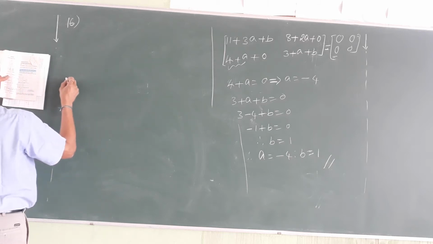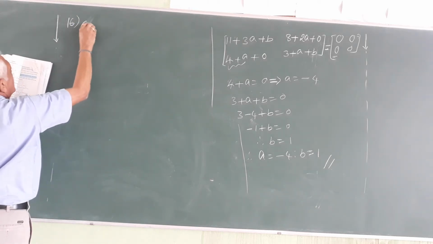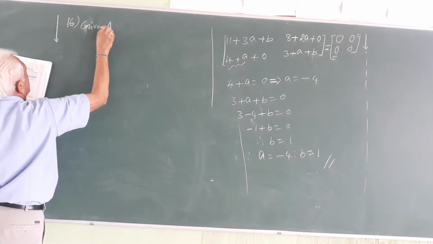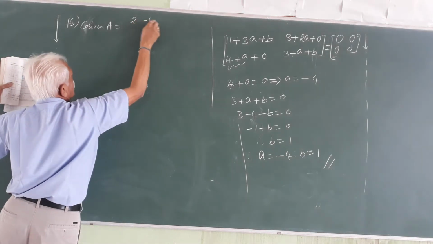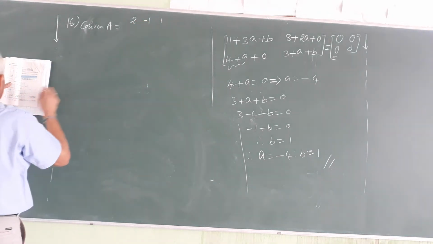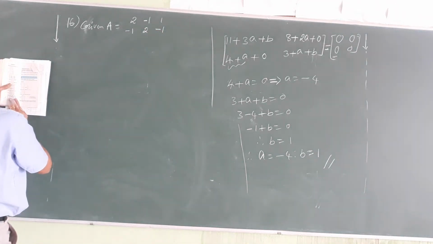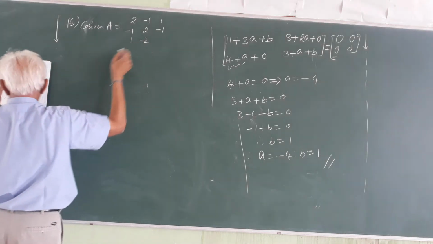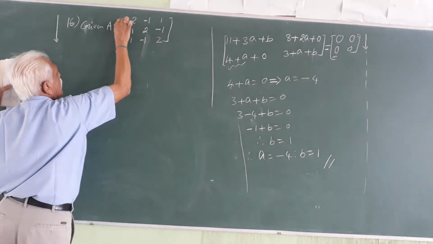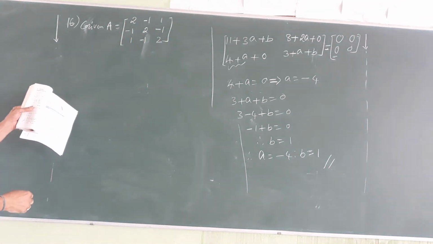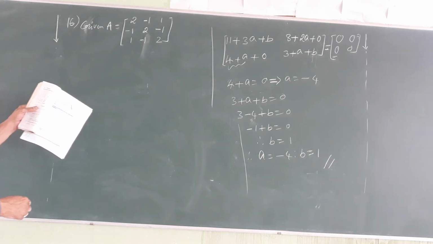Show that A cube, given A is equal to [2 -1 1; -1 2 -1; 1 -1 2].